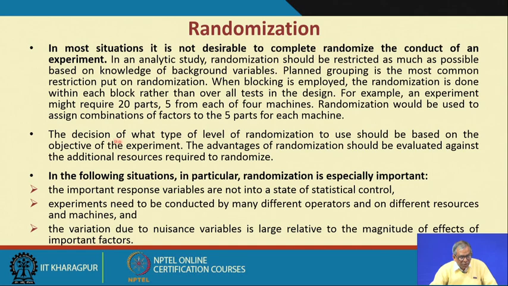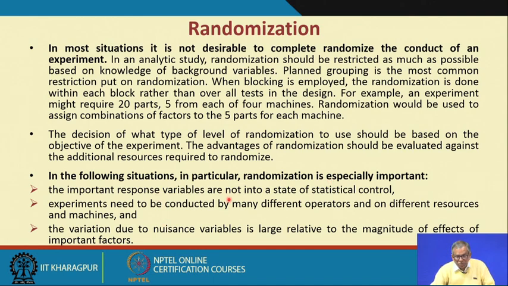The decision of what type or level of randomization to use should be based on the objective of the experiment. This is the point to be noted, and in the following 3-4 situations I will explain where randomization is especially important. So what are those?